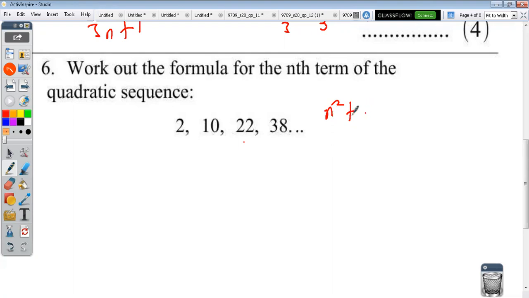I only heard it, maybe it's your network. Yes, plus what? Natalie, what's your formula? Minus 6. No, I didn't get the middle term. I only got n squared.